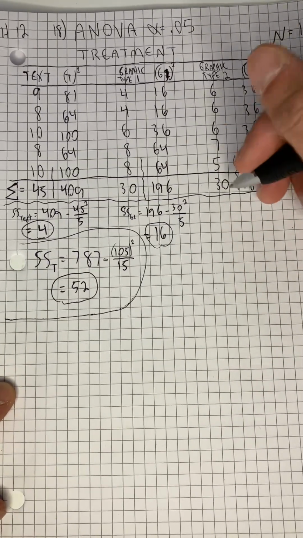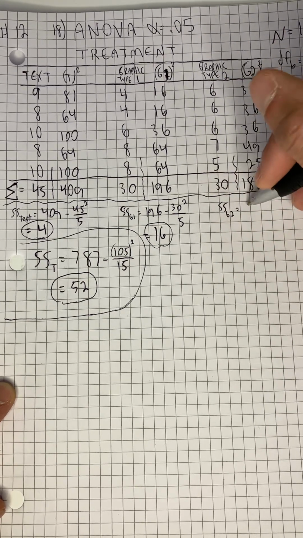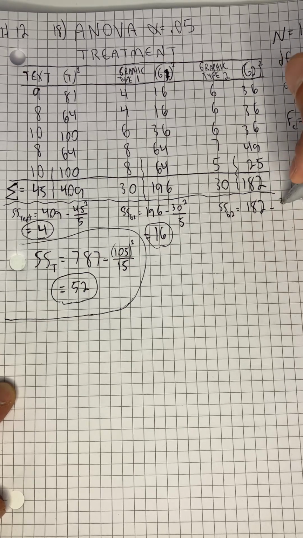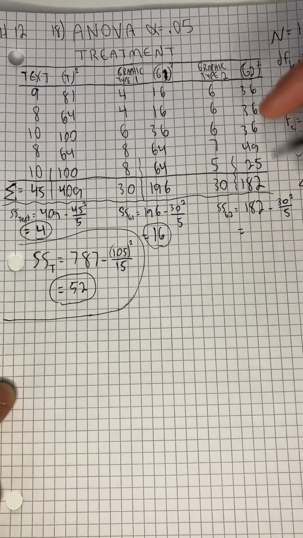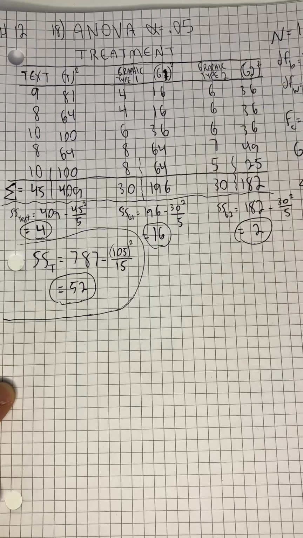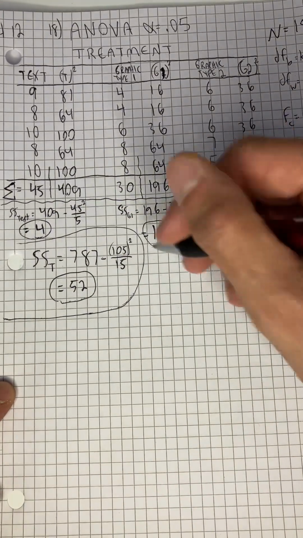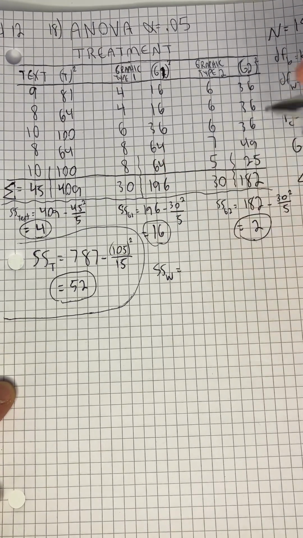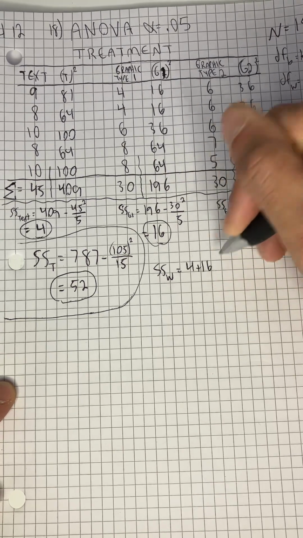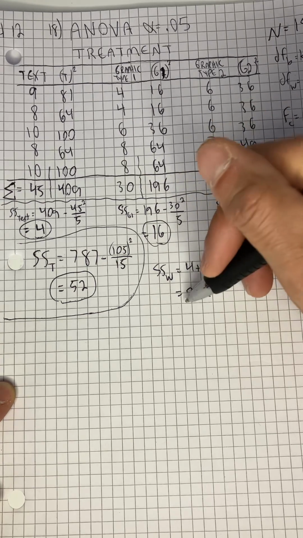Then we do the same thing for sum of squares graphic 2: 182 minus 30 squared over 5. I got 2. With these values, I can find the sum of squares within: 4 plus 16 plus 2, and that's 22.